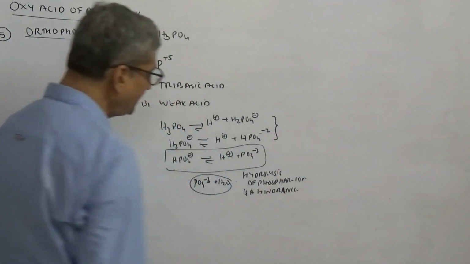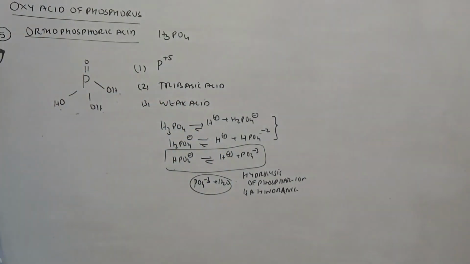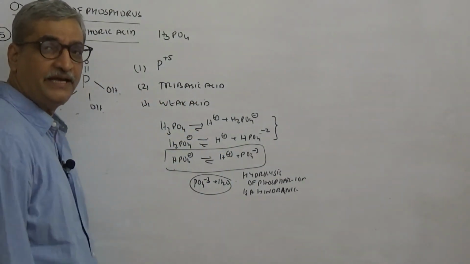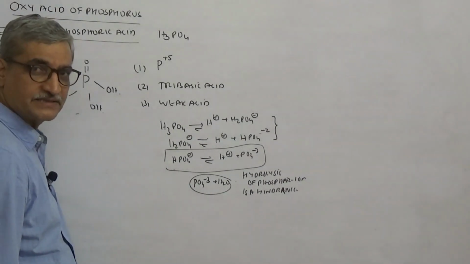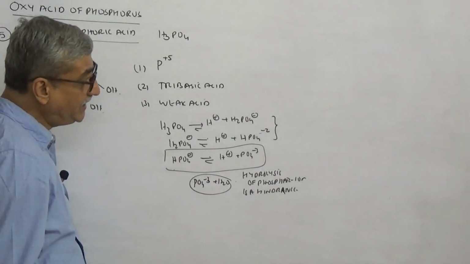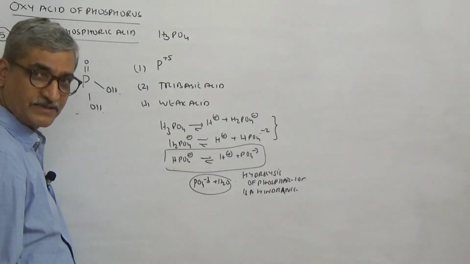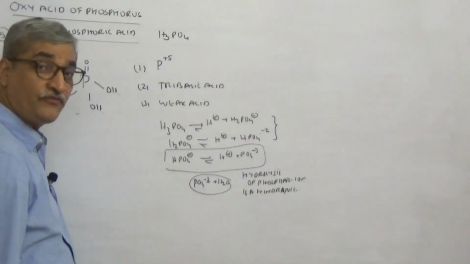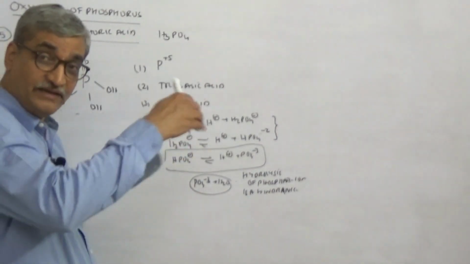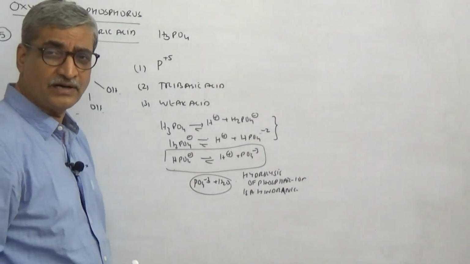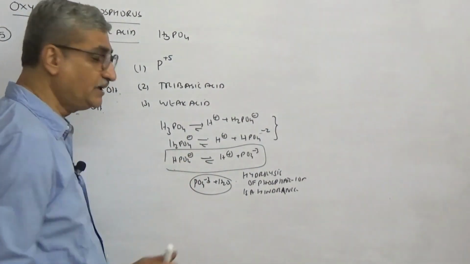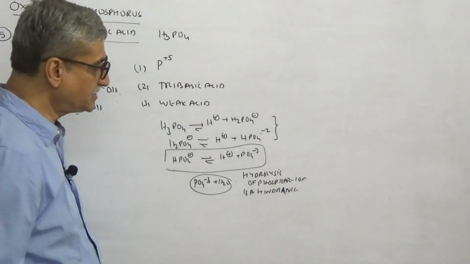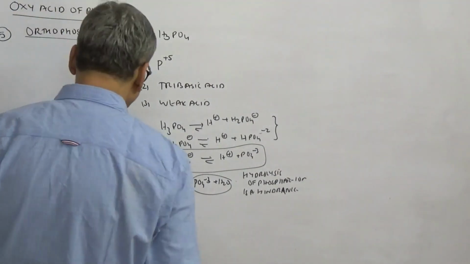Even though we say it's a tribasic acid, technically we can only experience up to dibasic acid. But since the salt Na3PO4 is present, when you react with NaOH it forms sodium phosphate. So in a neutralization reaction, it can show the tribasic character. Is this point clear?